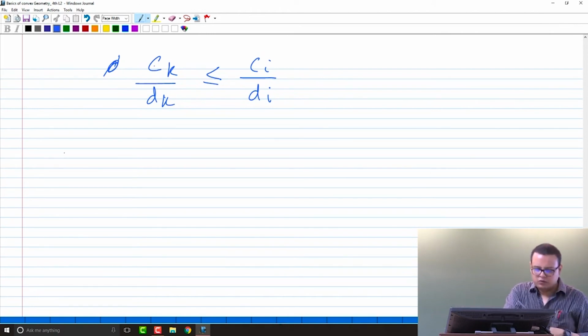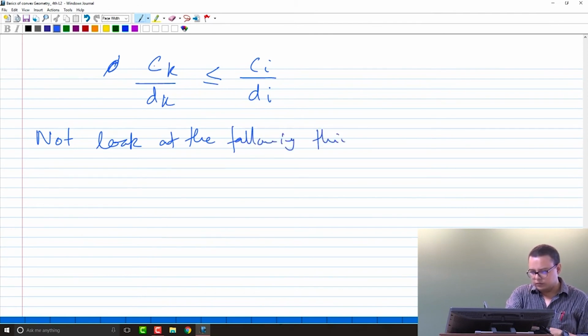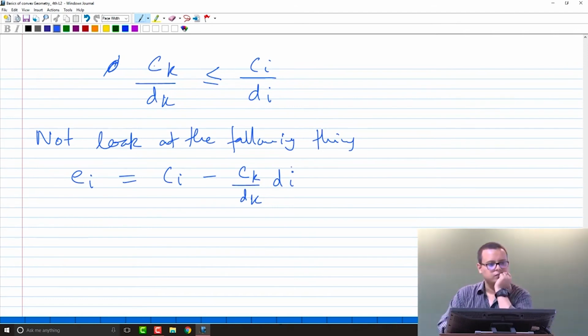Okay. Now, look at the following thing. Ei is equal to Ci minus Ck by dk times di. So, I am defining some new coefficients. What can I say about these new coefficients Ei?